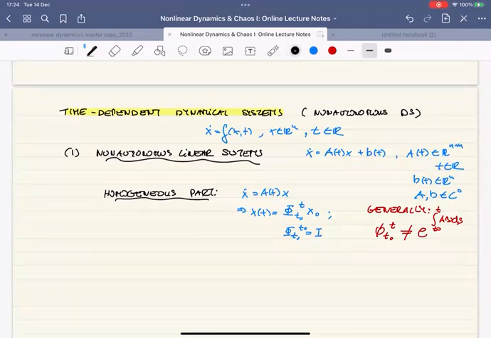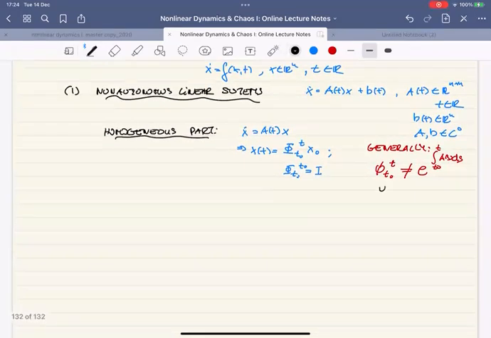And if you're not careful, you might even think that the same proof goes through. But there's a point in that proof where you actually use the fact that A would have to commute with its integral. And generally speaking, that's not the case. If A of t commutes with its antiderivative, with its integral, then you can actually show that this is the right way. But that's very rare. It's a very strict constraint.